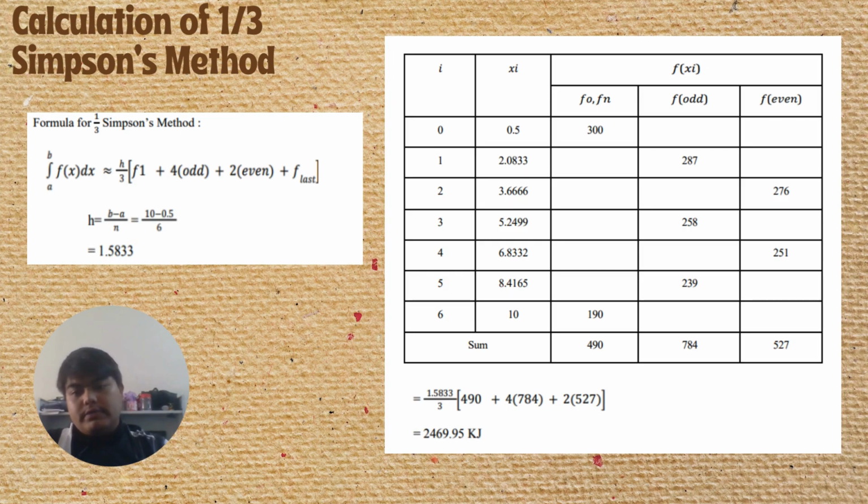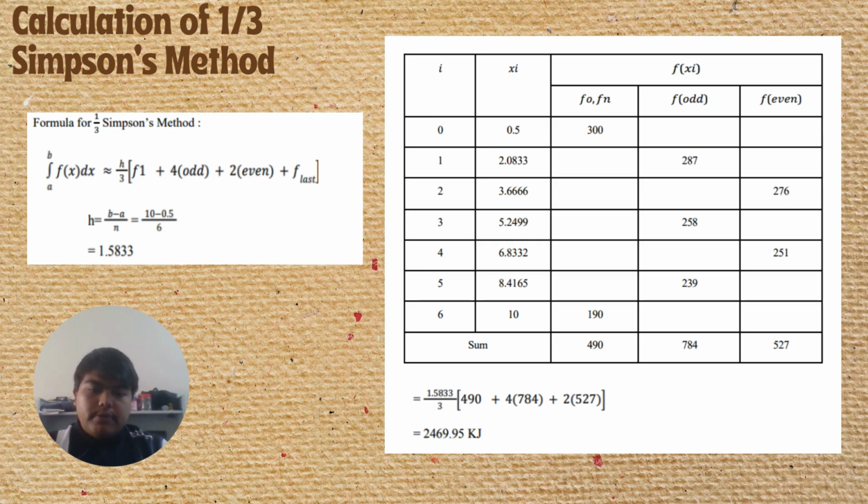So this is the calculation for the 1/3 Simpson method. The formula for the 1/3 Simpson method involves odd and even terms. This is a different method from the trapezoidal. So you can see 10 minus 0.5 over 6, and you get 1.5833. So this is carried over.